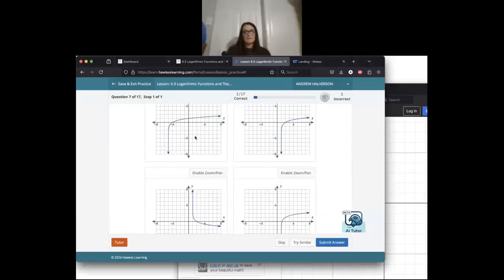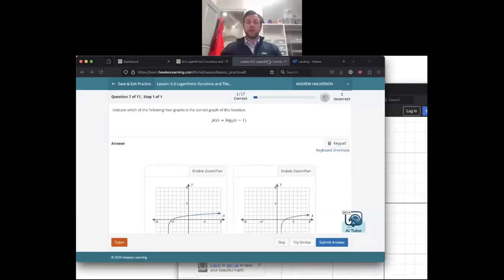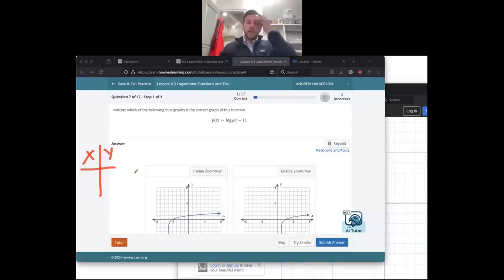This one's plotting points. So technically, you could pick values of x and try to plot it. But you want to pick them in such a way that it's a power of 5.